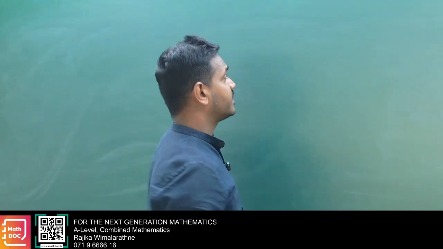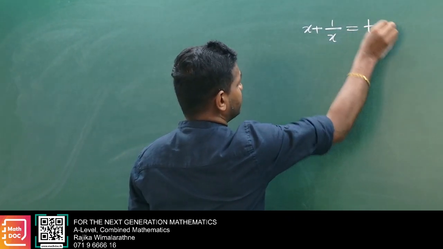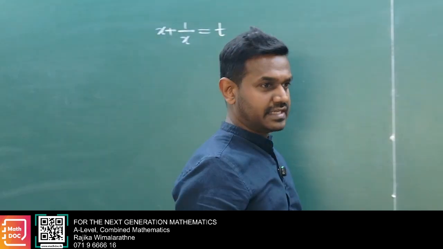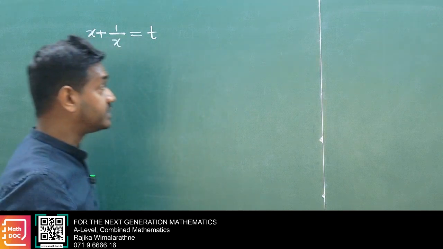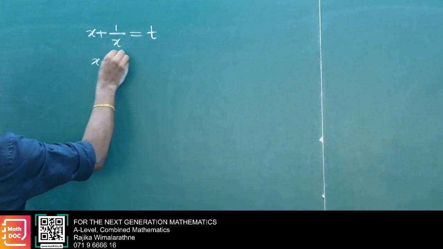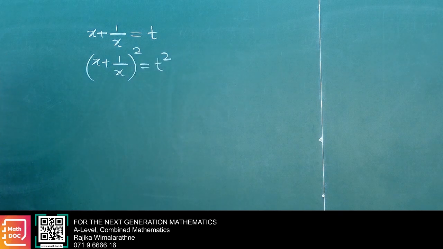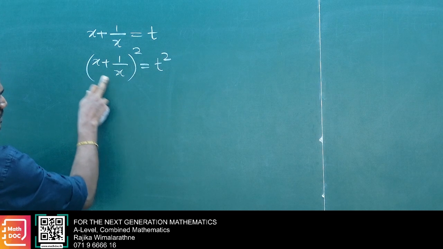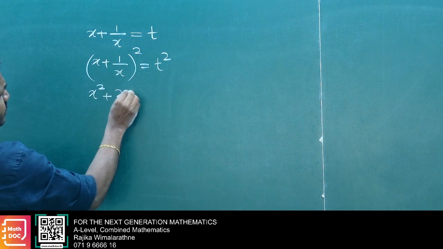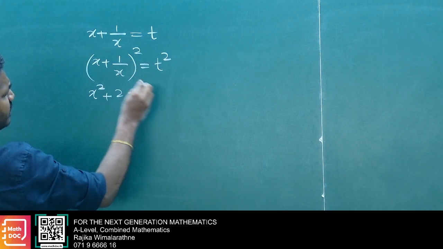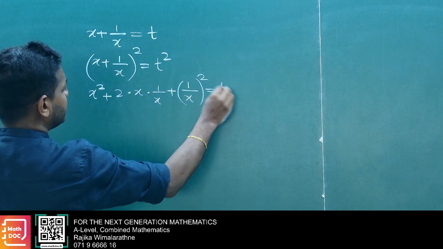Check this one. You consider x plus 1 over x equal to t. When we were doing binomials, we did that simplification. If you square both sides, then (x plus 1 over x) to the power 2 equals t squared. Here it is a binomial with power 2, so we have 3 terms: x squared plus 2 times x times 1 over x plus 1 over x squared equals t squared.